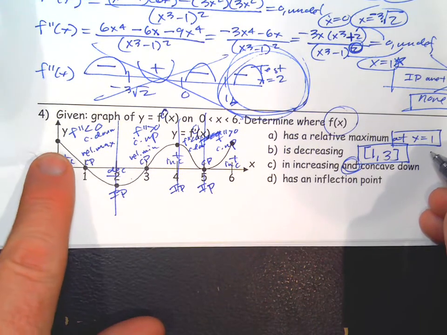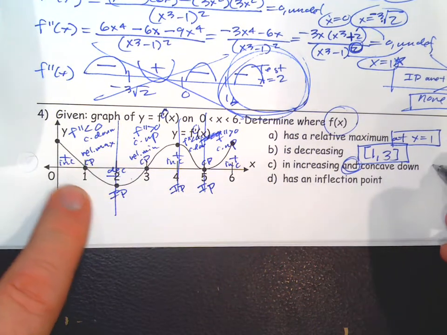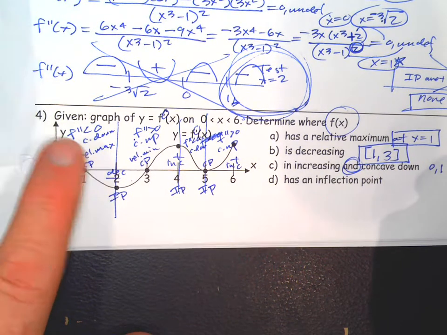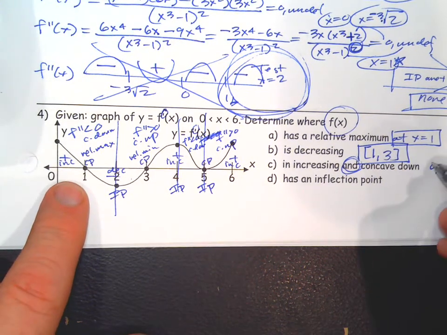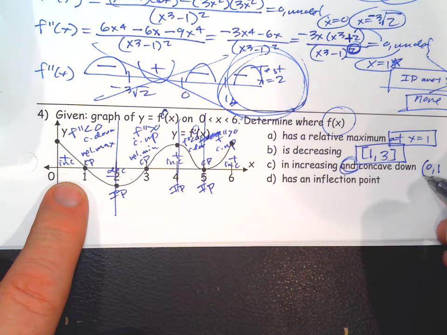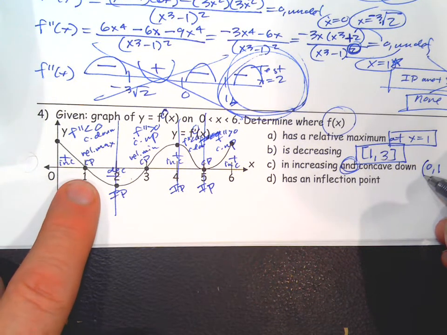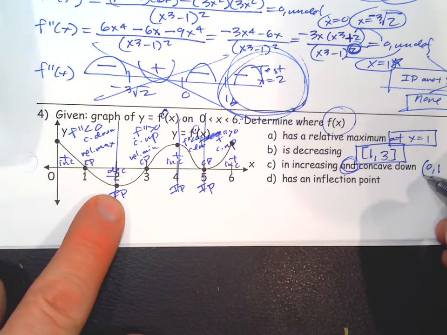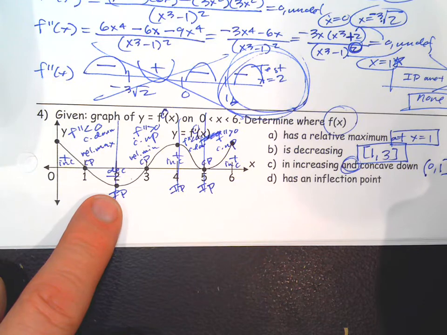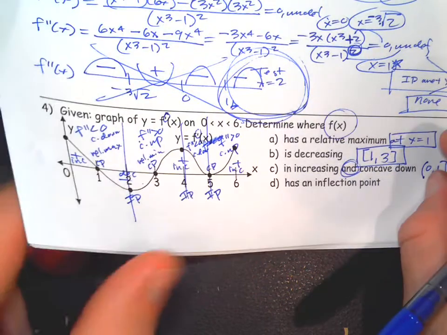So it's concave down here. I'd say 0 to 1. Right, increasing concave down. Now, do we include 0? Not for concavity. Do we include 1? It is in the middle of concave down. And we include endpoints for increasing, decreasing. So that should be a bracket.